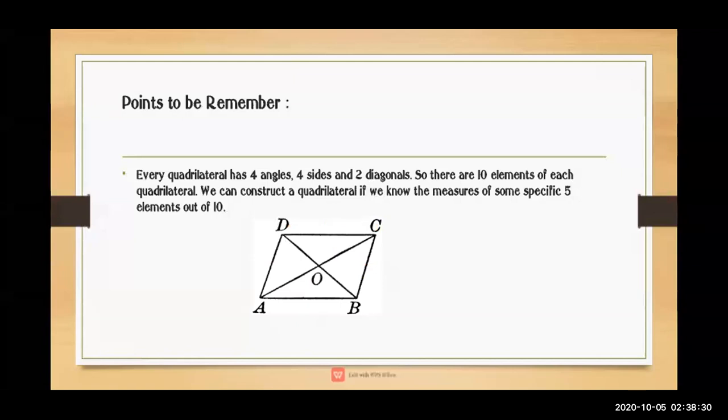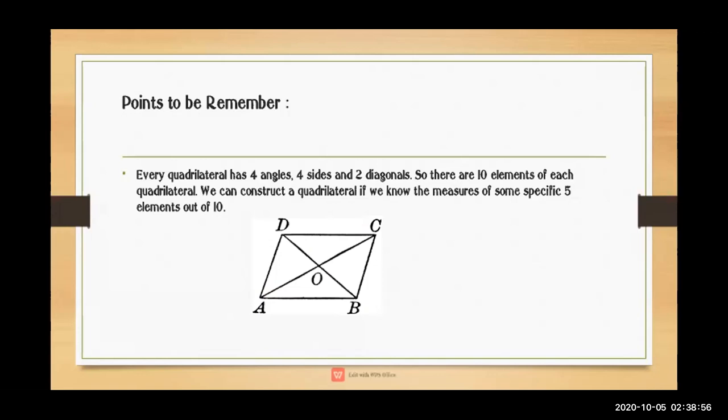Now the diagonals. How many diagonals? 2. This is the line cutting inside the quadrilateral. The line that cuts inside the quadrilateral is our diagonal. In quadrilateral ABCD, our diagonals are AC and BD. These two are our diagonals. So there are how many elements? There are 10 elements.